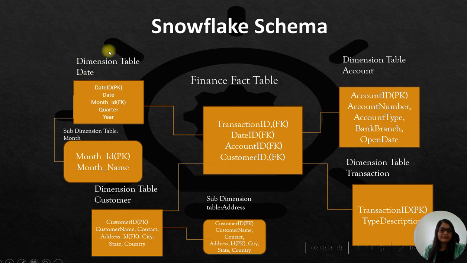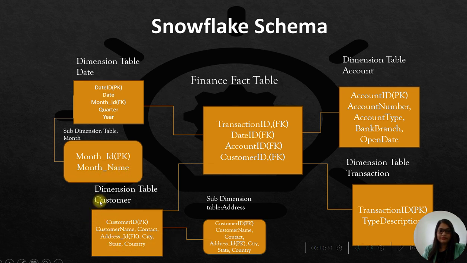But you can see the date dimension table, and the sub dimension table is created from this dimension table only. Here the date ID is the primary key and month ID is a foreign key. We take this month ID in the sub dimension table as a primary key, and we take another column, the month name.